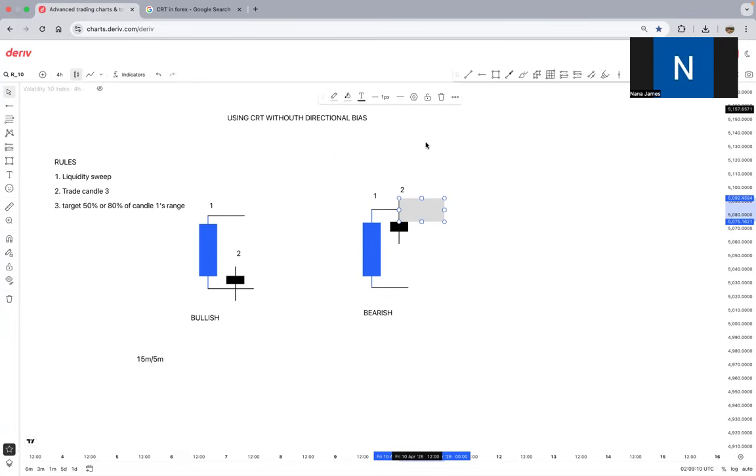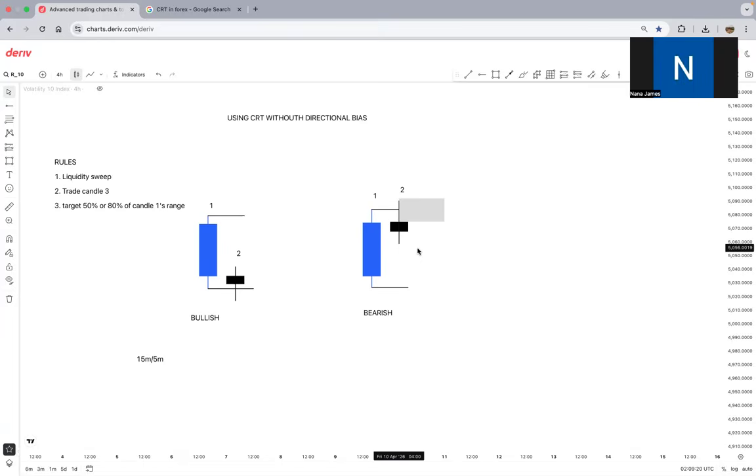All right. Your stop loss a little bit above candle two's high. And then you go for 50% targets of candle one's range, or you go for 80% target.